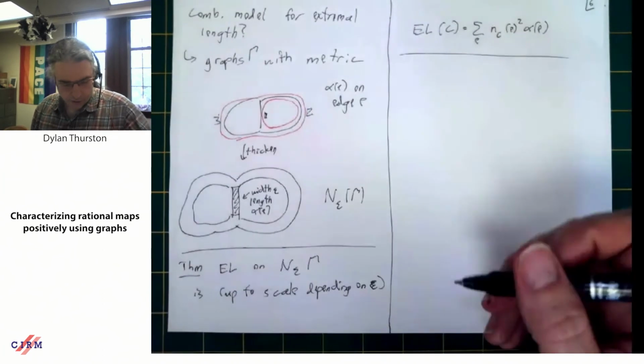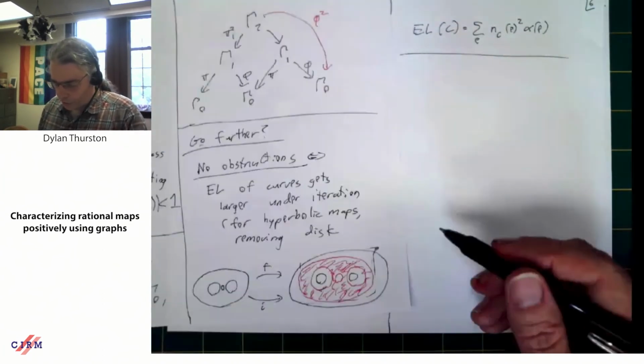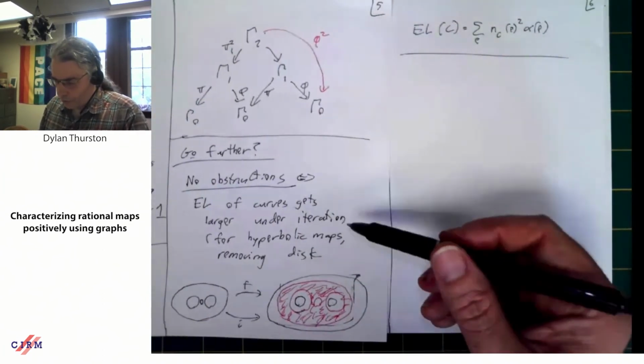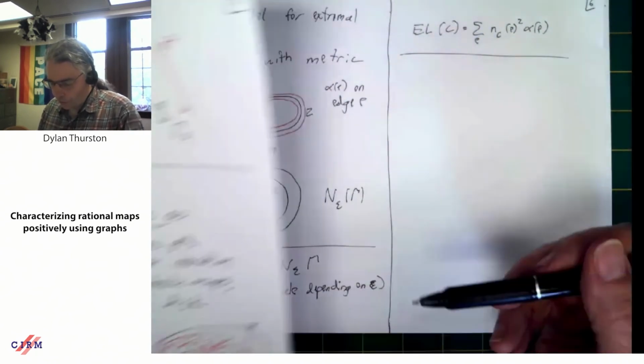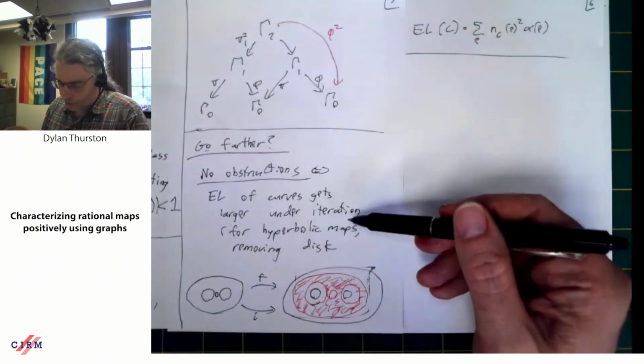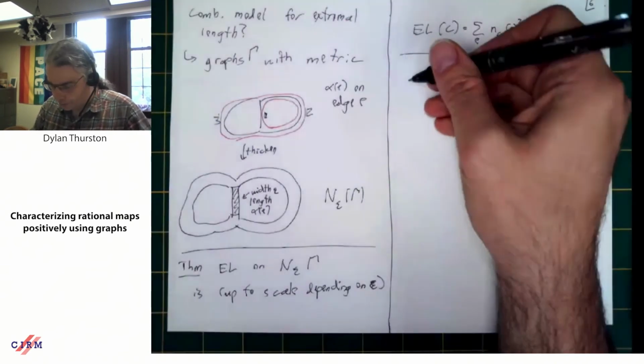And now I want to try to capture this. So this is extremal length. This is a combinatorial model for extremal length, and I want to model this thing about extremal length getting larger under iteration.